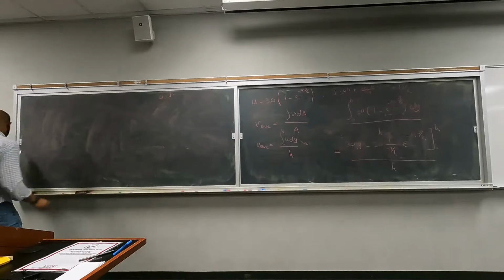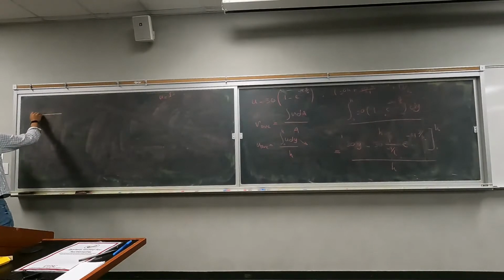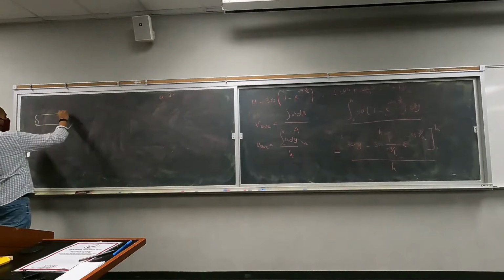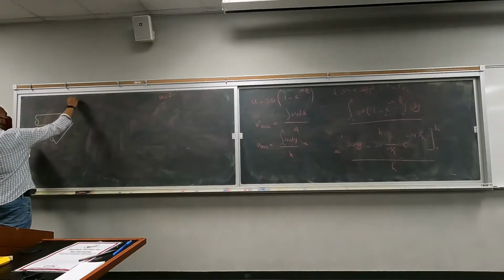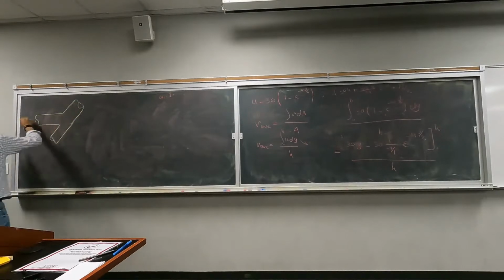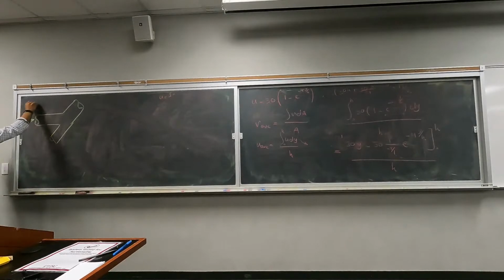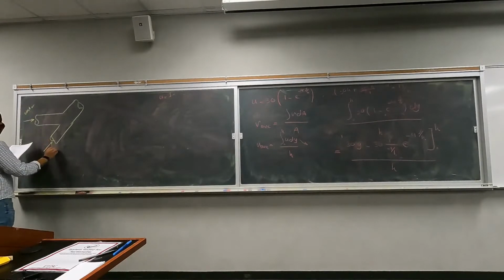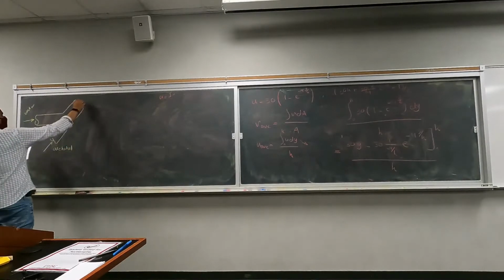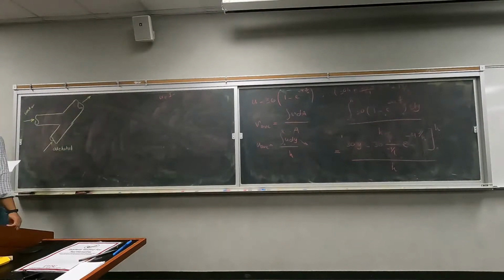So this is the void duct. We don't actually need to have the duct itself, just in case. This is the void duct. Water comes in here. Alcohol comes in here. Water and alcohol mixture goes out here.